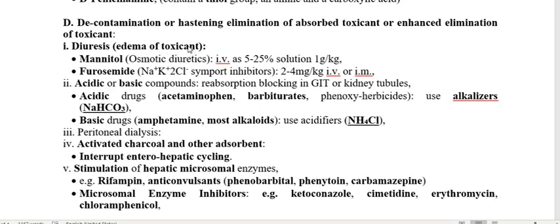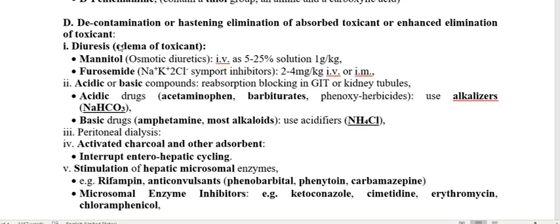By increasing the urinary diuresis, by passing out urine, by neutralizing the toxic agent, and by increasing the rate of metabolism of the toxicant. By all these means, we are going to enhance the elimination of the toxicant.